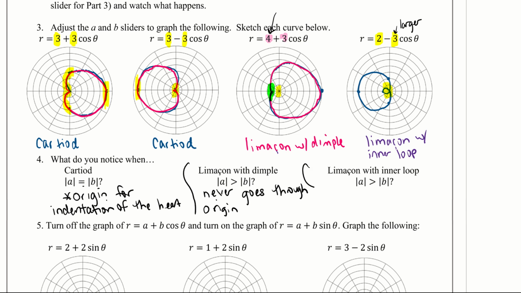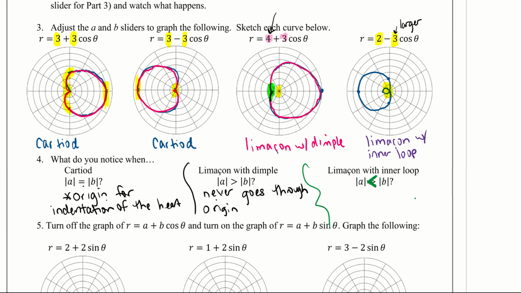The limaçon with an inner loop, this one right here, wow, written backwards. Let's fix this. This A is smaller than B. A is smaller than B. I apologize, we've had two typos on these notes. So A is smaller than B. And that's actually how we're going to backtrack and get the inner loop. We'll see it when we plug in some values.